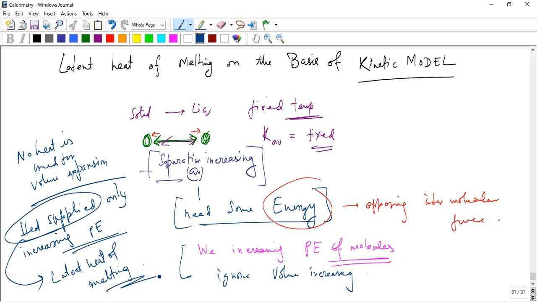Clear? So what is the latent heat of melting? Clear?